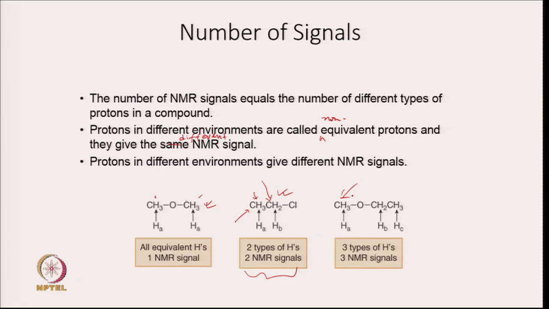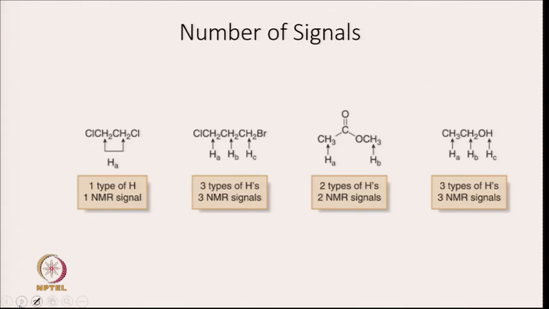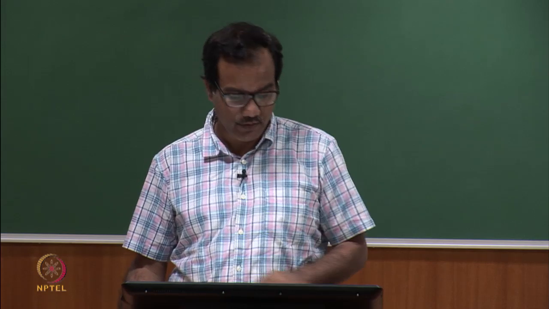These 3 protons are in the same environment, these 2 protons are in a different environment, and these 3 protons are again in a different environment than these 2. So you expect 3 NMR signals. The number of signals gives you an idea about how many different kinds of protons are present in a molecule.